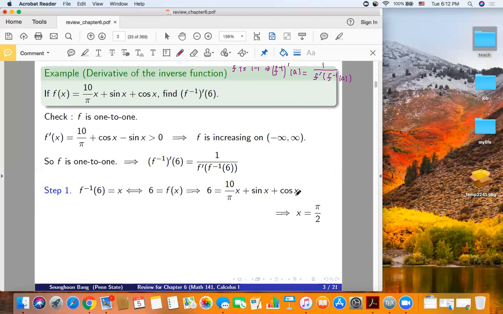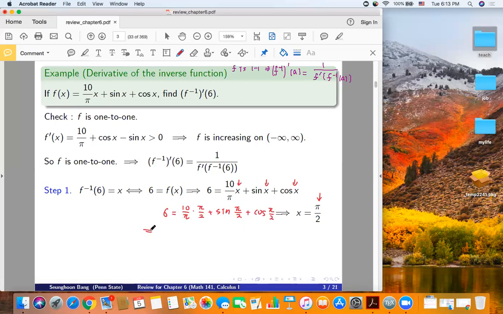How can you know that? You plug x equals pi over 2 into x and check whether this equation is right. 6 equals 10 over pi times pi over 2 plus sine of pi over 2 plus cosine of pi over 2.